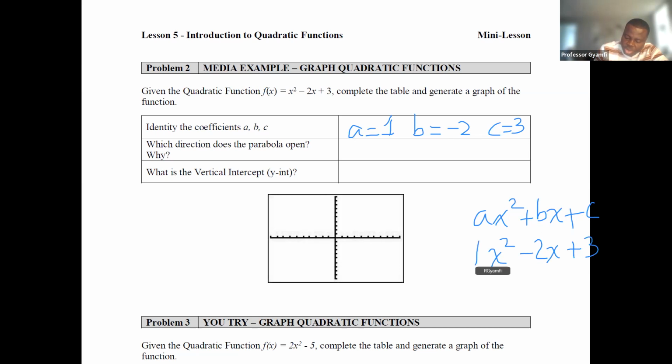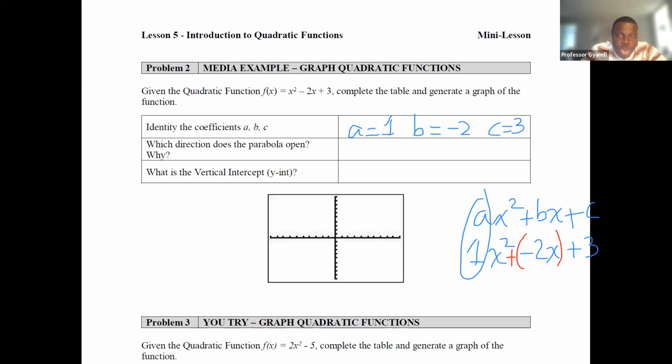So we have 1 for a. And then here, same idea, you've got plus b, so you have plus here, like that. So negative 2 for b, and then c is plus, so you do 3, or positive 3.